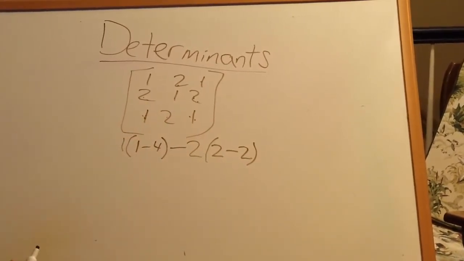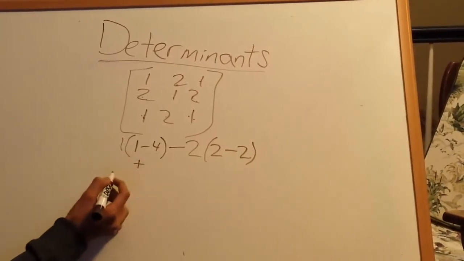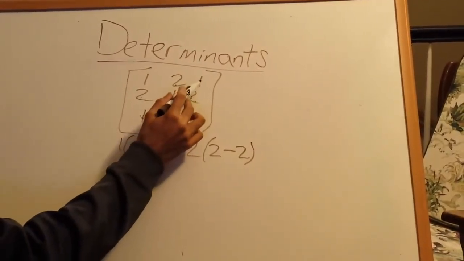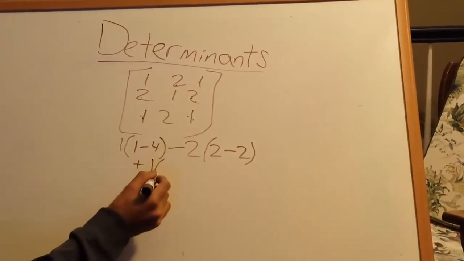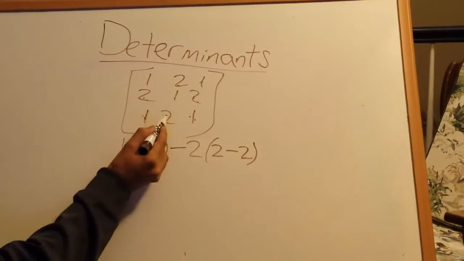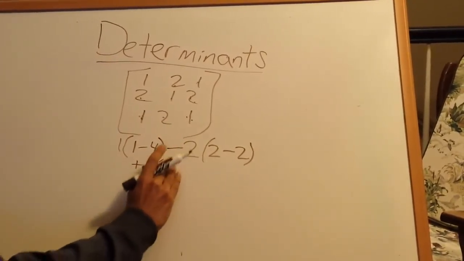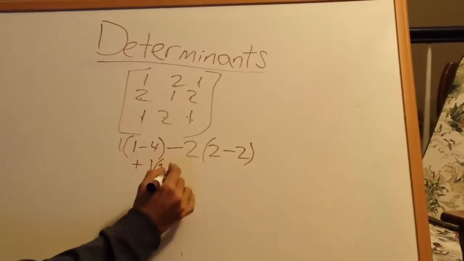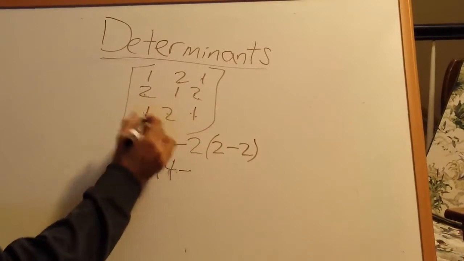And the third final step to find the determinant of this matrix is to add the first term in the last column, 1, times 2 times 2, that's 4. 2 times 2 is 4, just for the record. And then subtract that from 1 times 1.